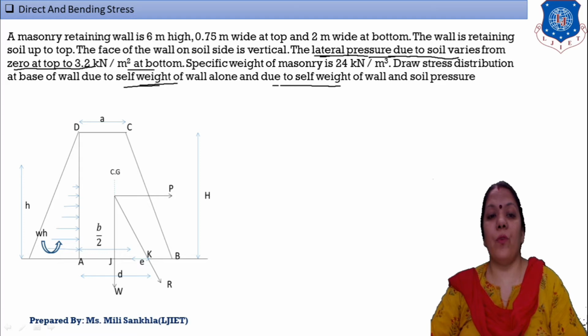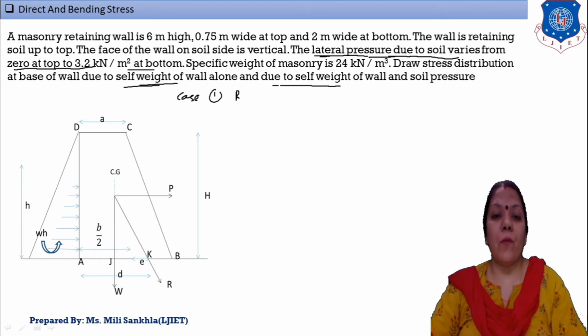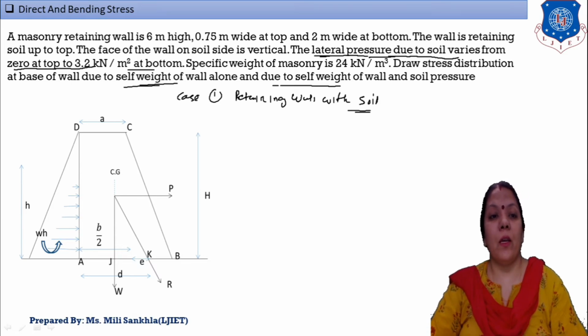Draw the stress distribution at the base of the wall due to self-weight of the wall and also due to the soil. Here two cases are given. Case 1 is the retaining wall with soil. One by one write down the data.